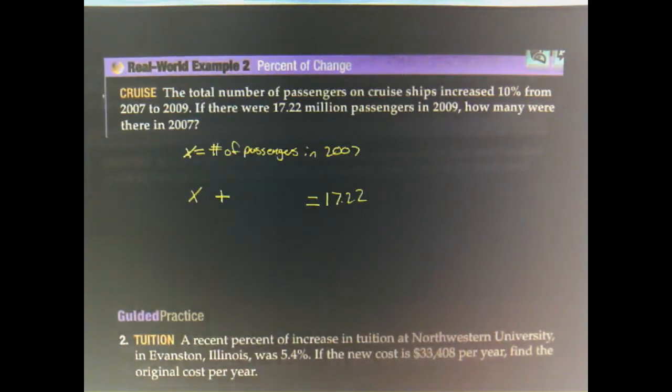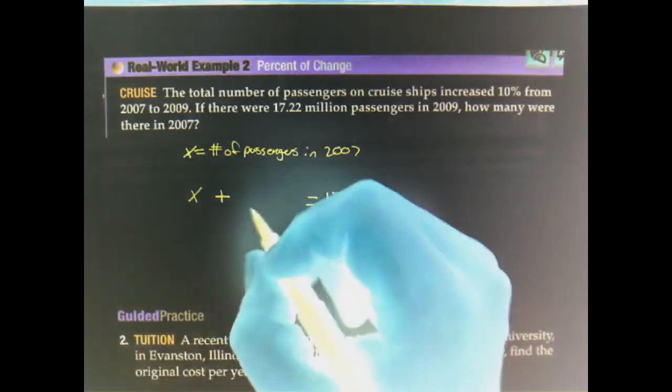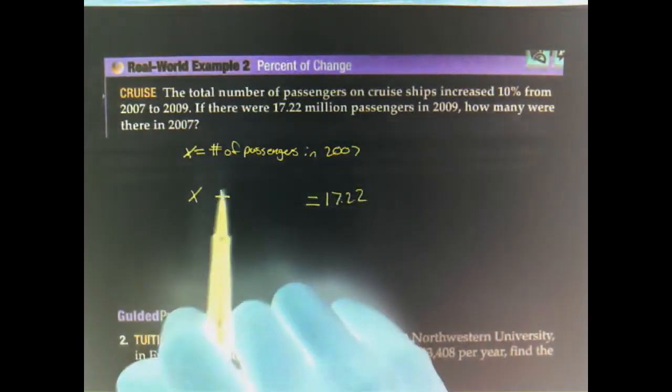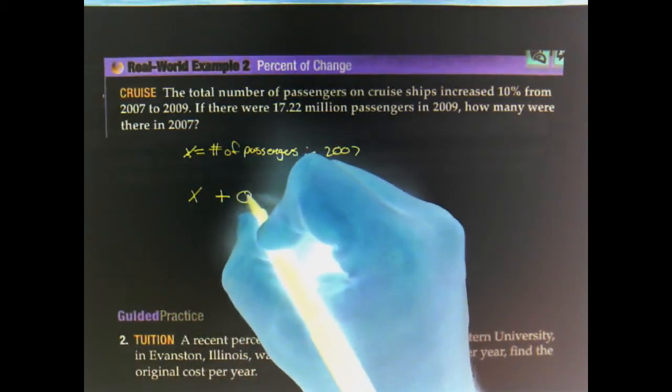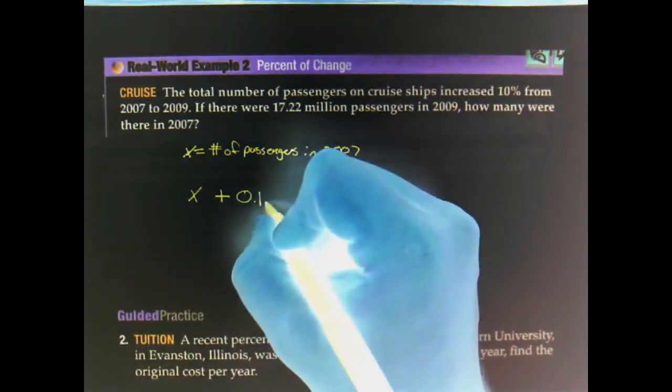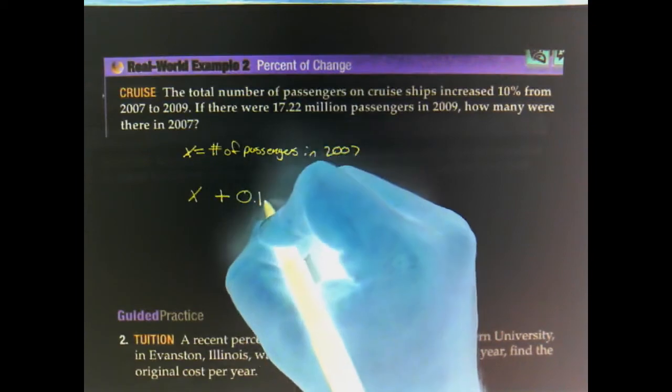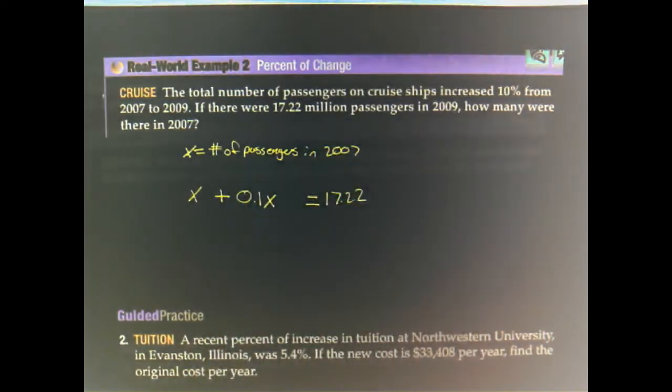The key word is of. When we talk about of, that indicates multiplication. So I take 10% times the number of passengers in 2007. And 10% as a decimal is 0.1. I multiply that by the number of passengers in 2007, which is represented by x.